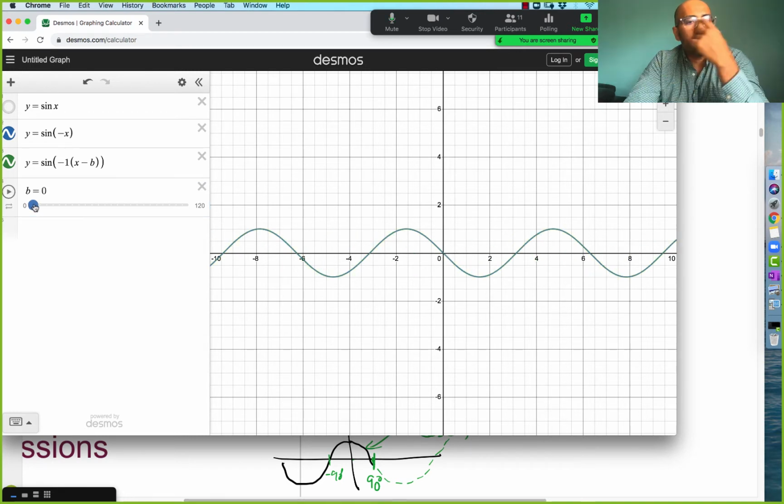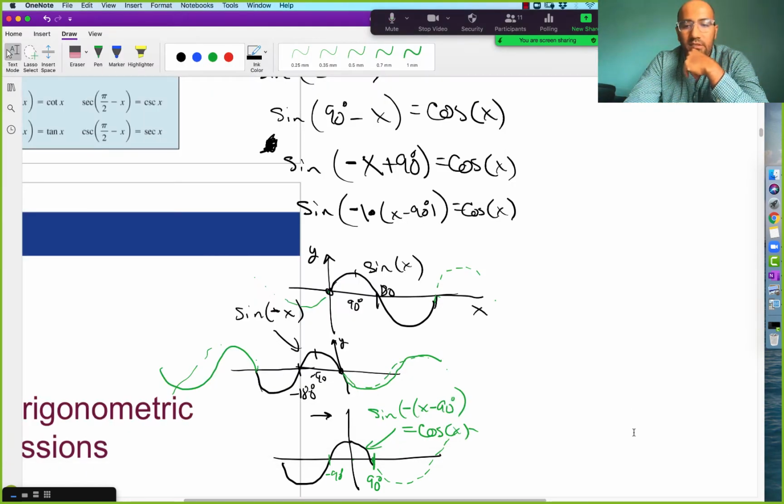Whoops, what did I do wrong here? Oh, it's because of this minus. Oh man, did I mess this up? The minus shifts it in the other direction, so it's got to be negative 90 degrees, shifted to the right.